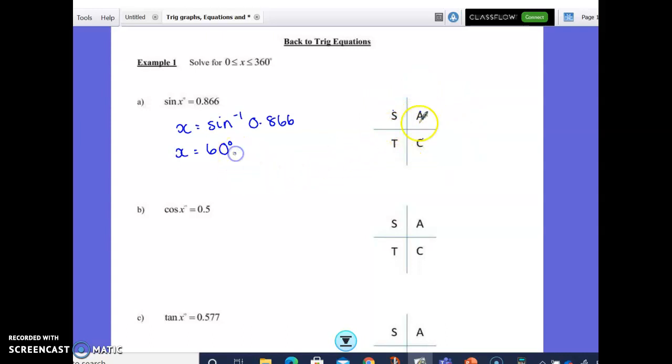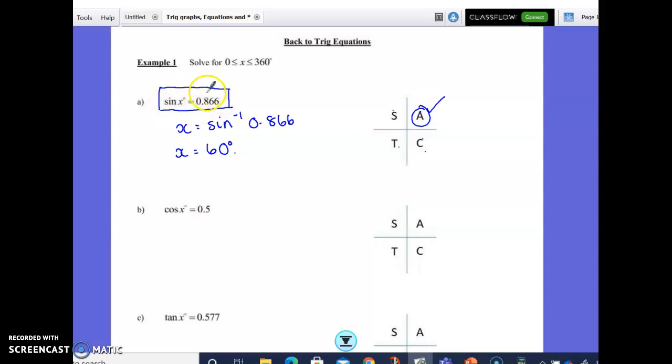Okay, so our first answer is 60 degrees. That's the answer that we get from our calculator. Our second answer then, we need to decide which quadrant, so which of these other 3 our second answer is in, and it comes from here. So it goes right the way back to the question. We've got sine x equals 0.866.